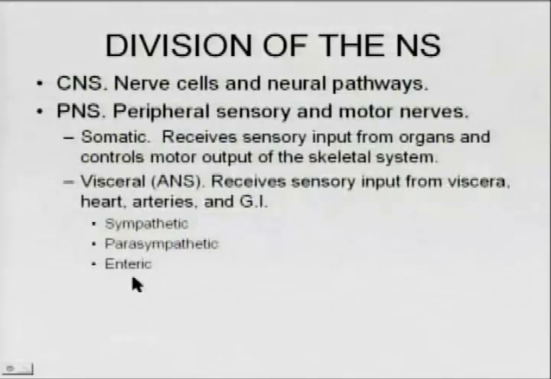There's also a separate enteric nervous system that's really quite complex. We know it's made up of sympathetic and parasympathetic components, but it is really a very sophisticated system and can almost be considered as a separate one all in and of itself.